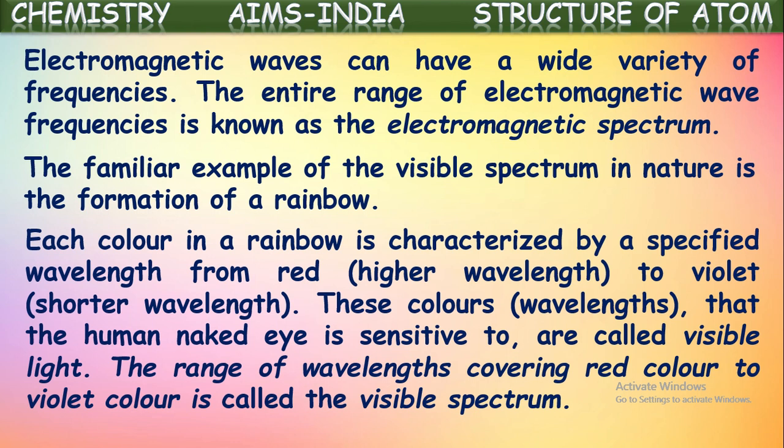The range of frequencies which can be seen by the naked eye of humans is called visible light and visible spectrum. The range of wavelengths covering red color to violet color is called the visible spectrum. Okay, these we can see. So the color spectrum which we are able to see is called visible spectrum.